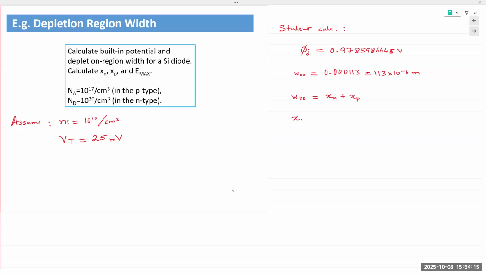Xn is given by WD0 divided by 1 plus ND over NA. And these equations are there in the book. So if I make an error, please let me know.